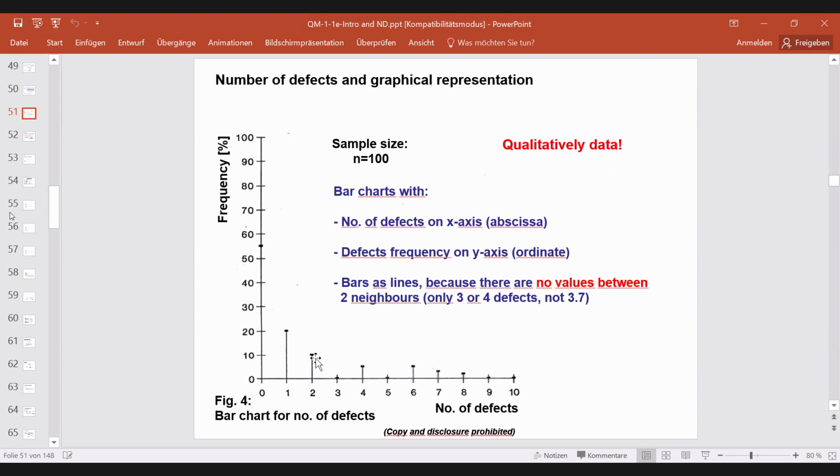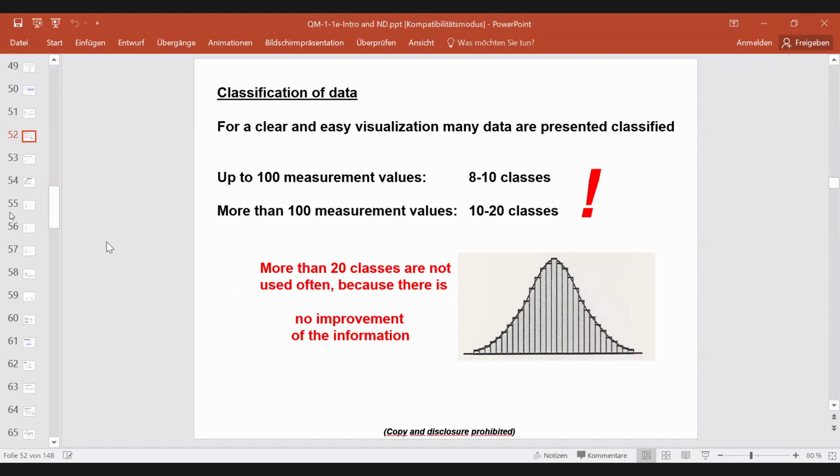And here 10% have two defects, and so on. So the number of defects is on this horizontal axis, and the frequency is on the vertical axis. This is called abscissa, this is called ordinate here. And there are no values between these numbers here, only 1, 2, 3, 4, and so on is possible. Here we are talking about qualitative data.